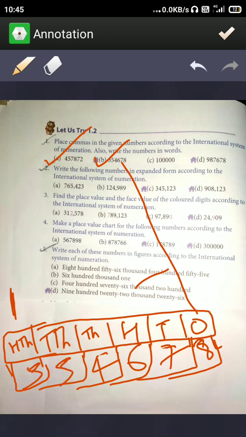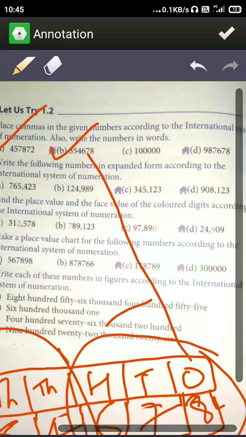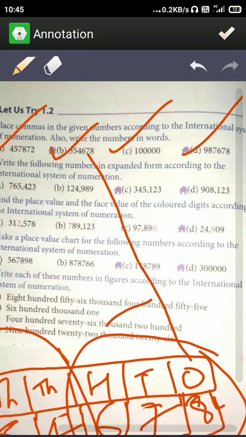So what is our number? 354. What? This is a period. Read together. 354,678. Okay. I hope you are able to solve this question. I hope you are able to solve the next questions.